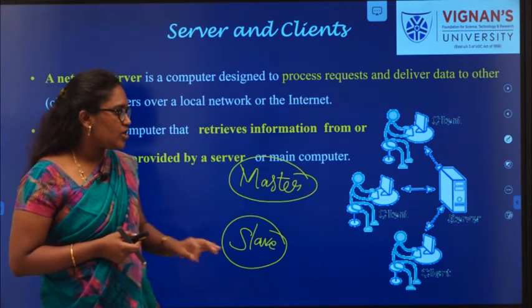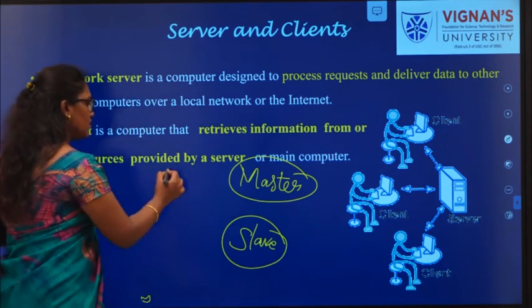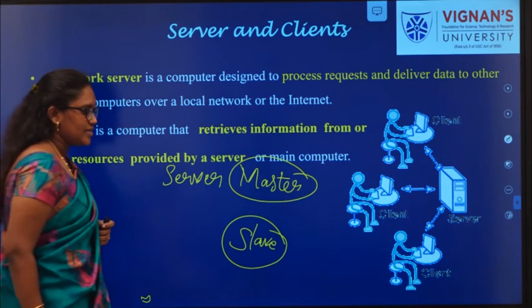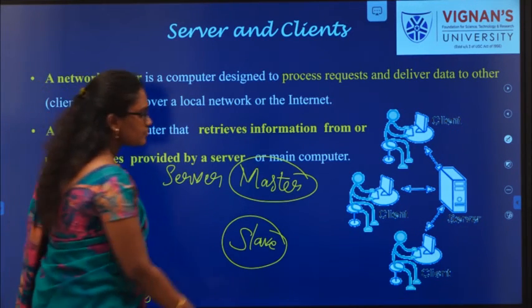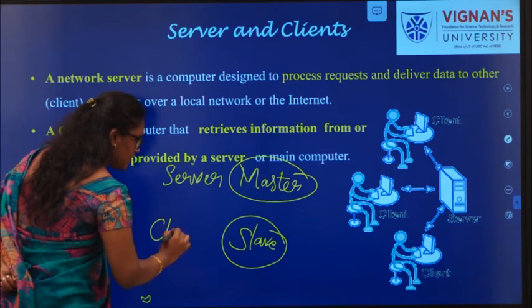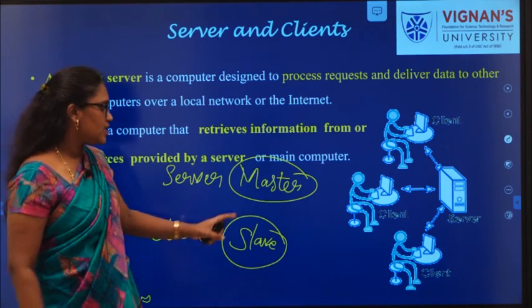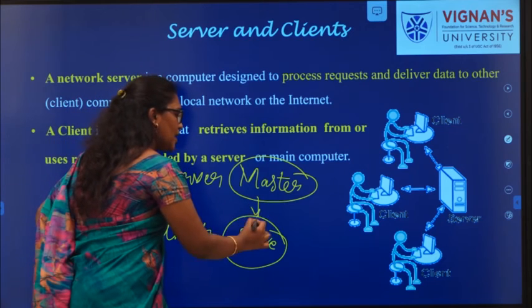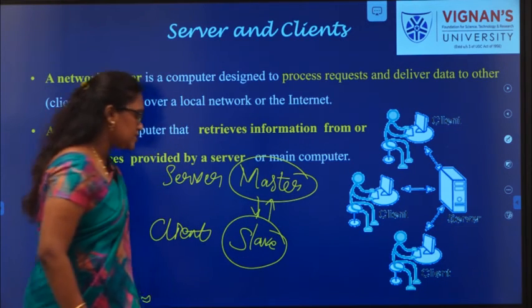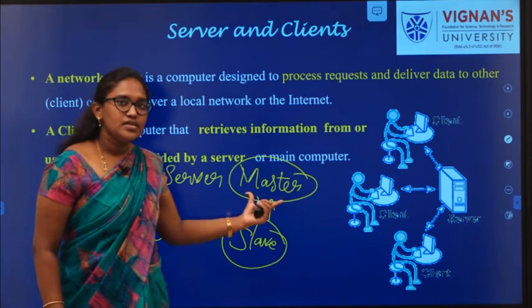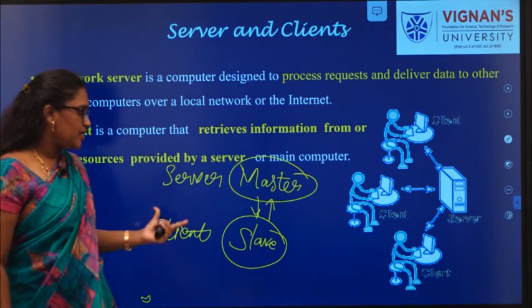Similarly here also, the server will act as a master and the client will act as a slave. Server will act as a master, client will act as a slave, right? So what is the difference between server and client?